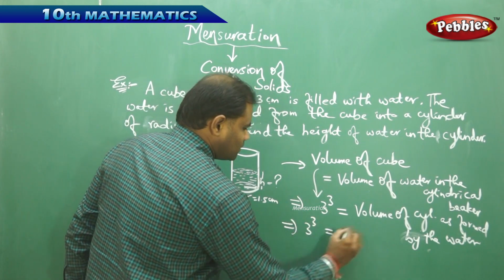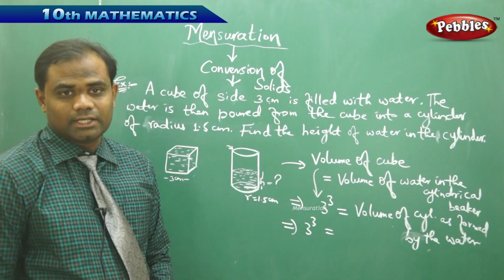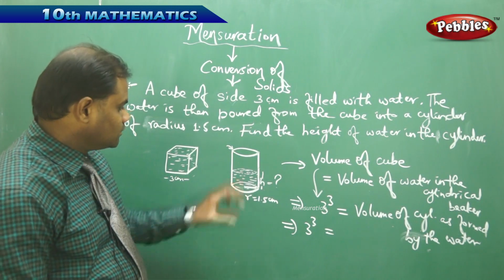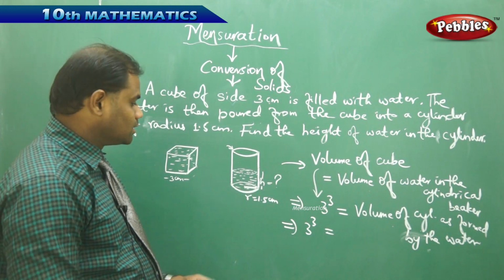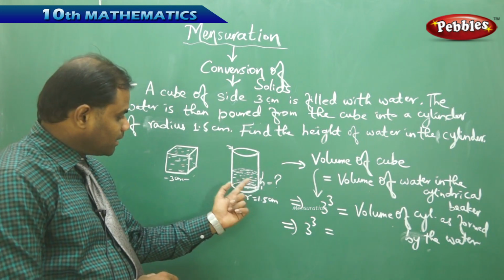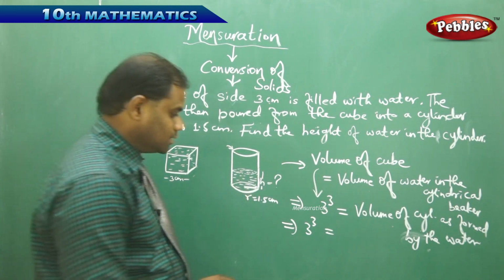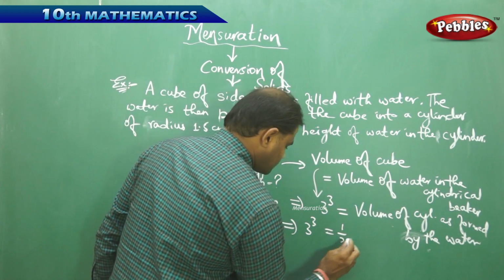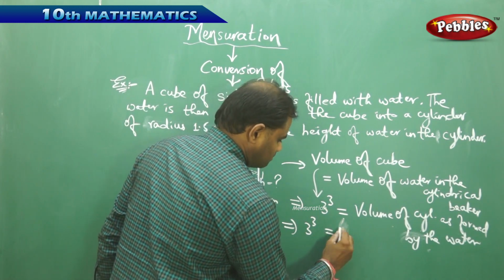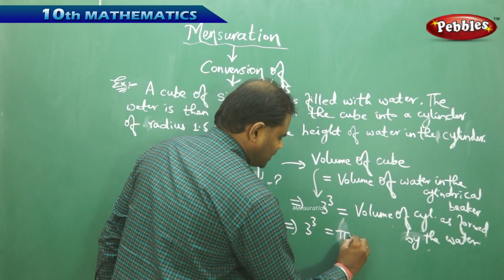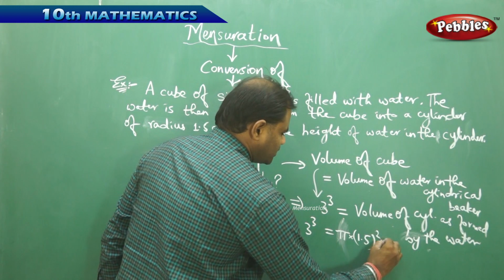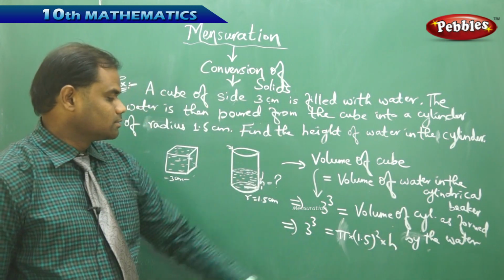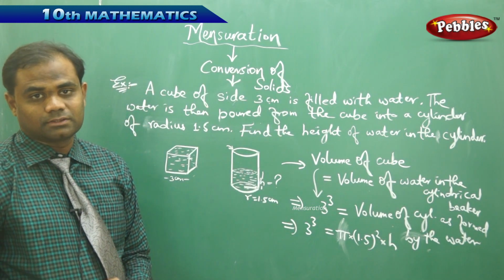Now here, the volume of cylinder we know is pi r square h. If the height of the water is h and the radius is 1.5 centimeters, then the volume of cylinder occupied by the water is pi r square h, is what we get when we simplify this.